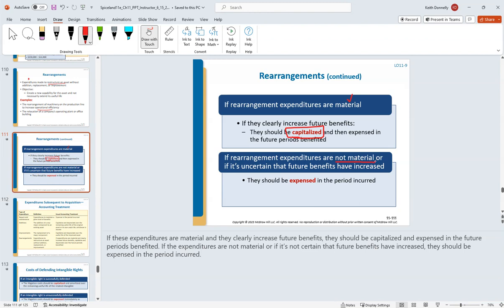If they are not material or it's uncertain that we're going to have future benefits from it, you're going to expense it. So when we move machine A in the plant and that costs us some money, that's a rearrangement. If that's material and we expect future benefits, capitalize those costs. If it's not material or we can't really figure out those future benefits, just expense it, okay?